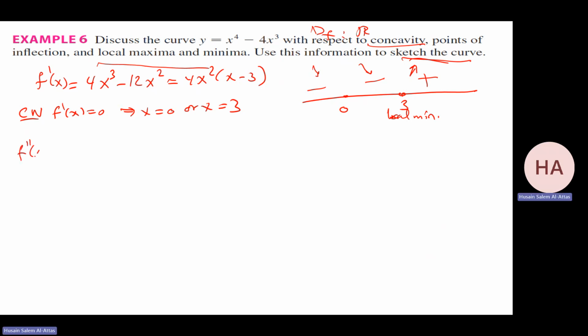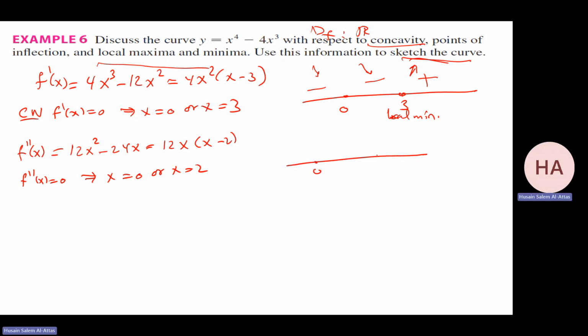Check f double prime. F double prime will be what? 12x squared minus 24x, which is 12x times x minus 2, equal to 0. So I have x equals 0 or x equals 2.